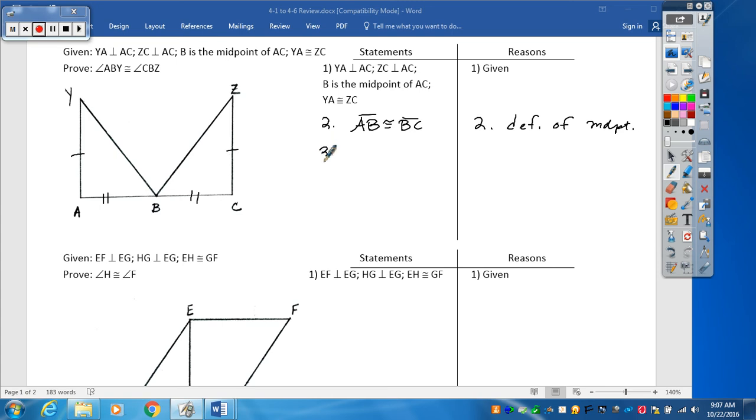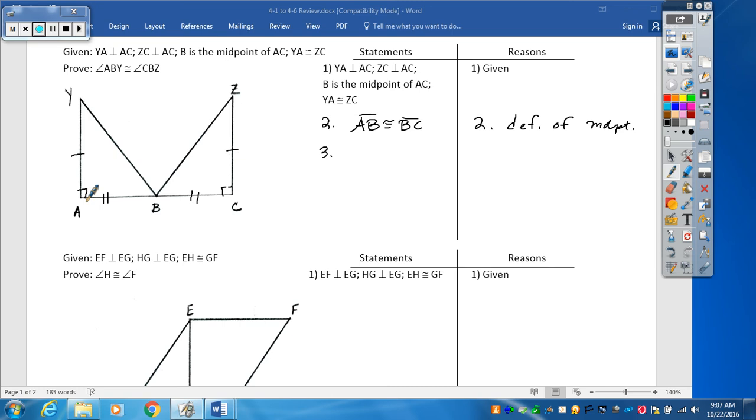Maybe I should strategize as to how we want to prove these triangles congruent. We all know that perpendicular means right angles. So I'll go ahead and say that those are going to be right angles. Putting that down on paper, I hope you can then see that we're going to prove the triangles congruent by side angle side. So that's how we want to attack this, not the hypotenuse leg.